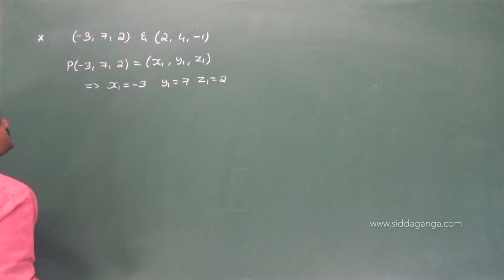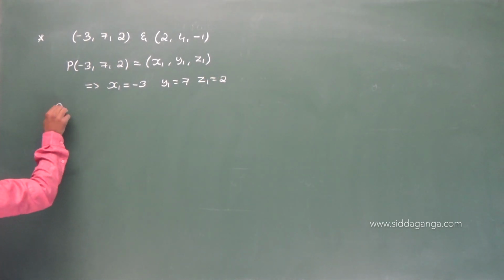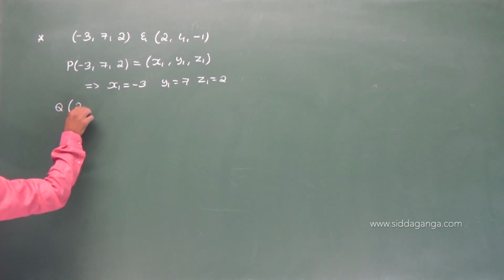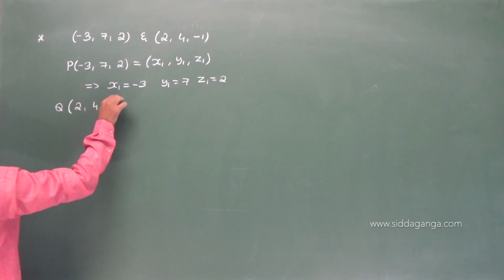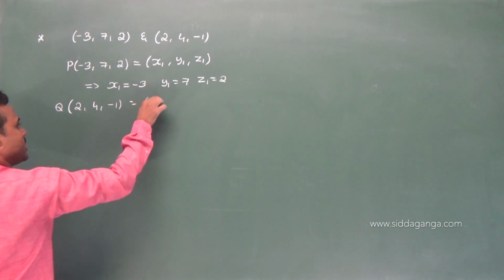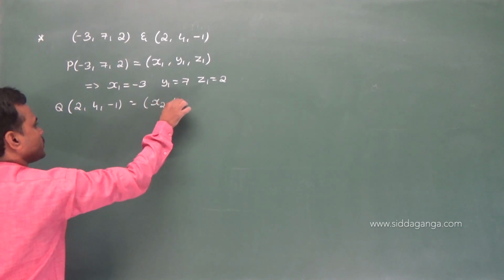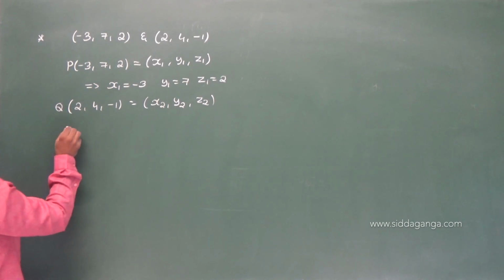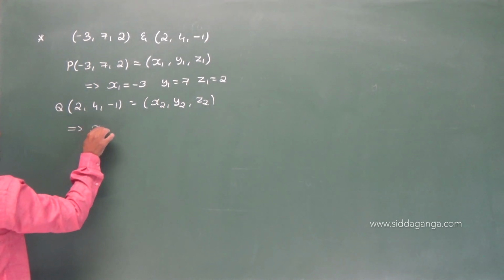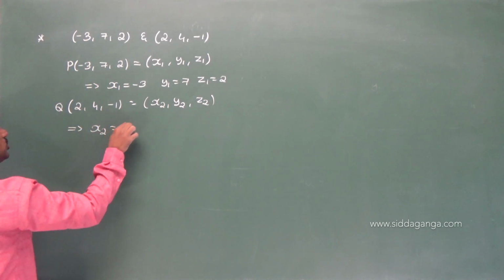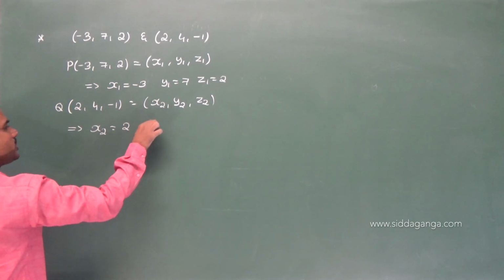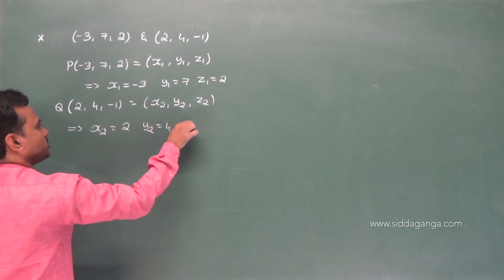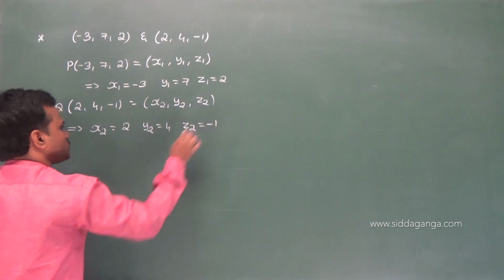Correct? The second point I treat as Q, 2, 4, minus 1, that is x2, y2, z2. So x2 is 2, y2 is 4, z2 is minus 1.